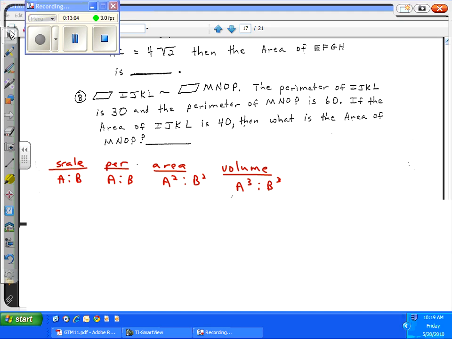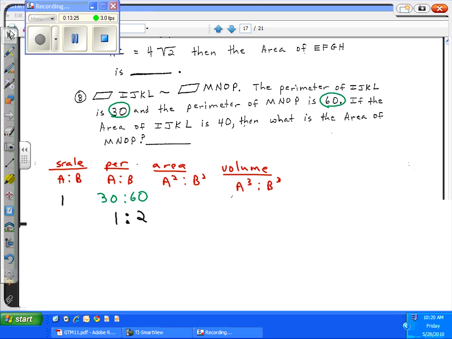Now, it says perimeter. The perimeter of IJKL is 30 and MNOP is 60. So the ratio of perimeters is 30 to 60, which reduces to 1 to 2.